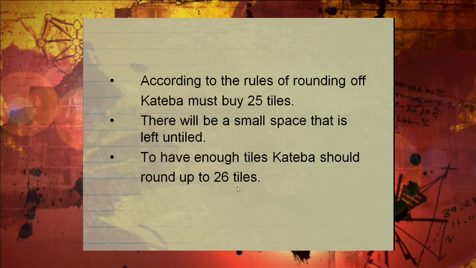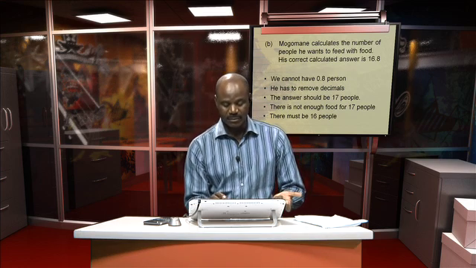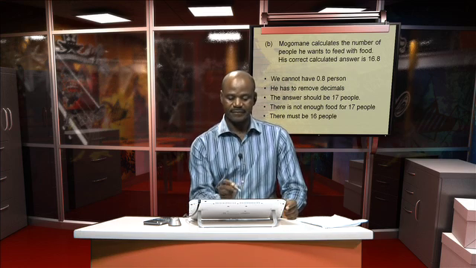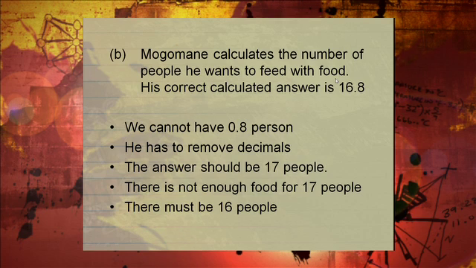Cool. We're looking at something else. Next example, like this guy wants to feed some people. Okay, he does this. Moroman calculates the number of people he wants to feed with food. Cool. He does some calculations until he comes to 16.8 people. Is it possible, guys?